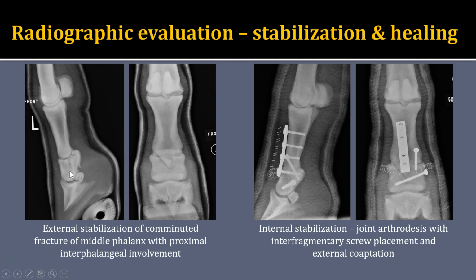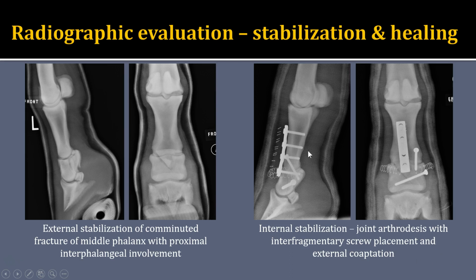Here's an example of the same patient where initially the fracture of this middle phalanx was externally stabilized with a cast. And so we took lateral and DP views after that stabilization to make sure that the fracture stabilization was what we wanted.